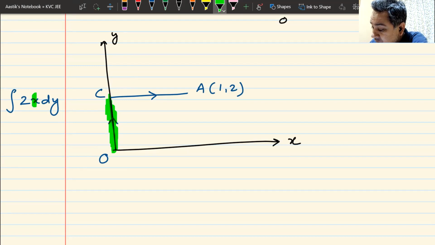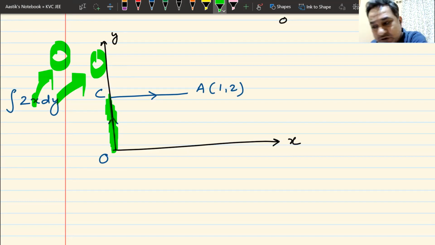X is 0. But also dy is 0. Yes or no? Both are zeros. Even if one is 0, 0 multiplied by something is 0. So basically this green wala integral becomes 0. Am I clear? Yes, sir.